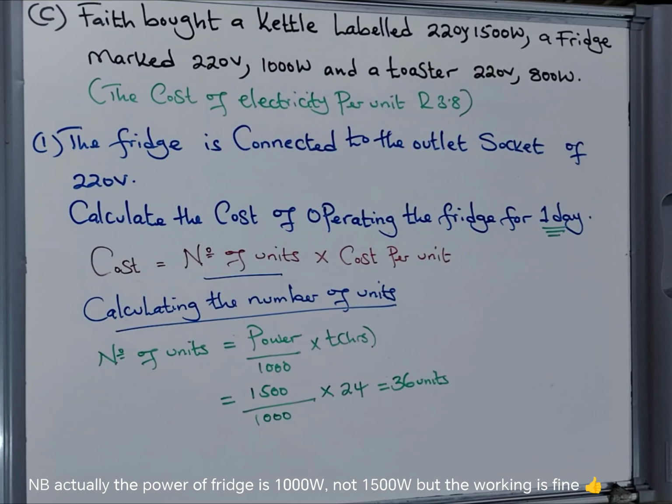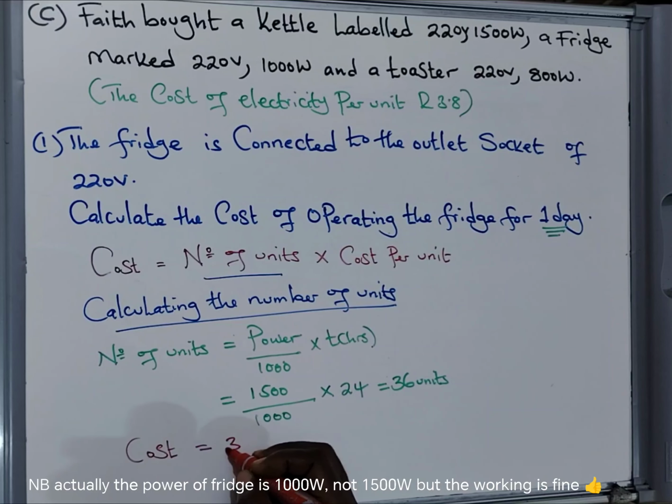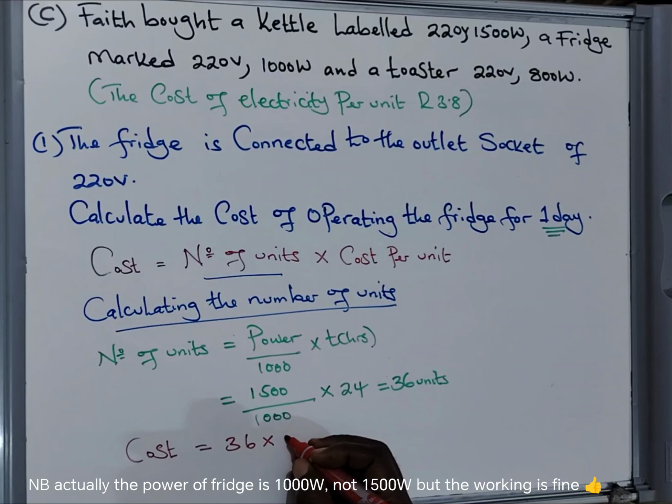So after getting the units, now we can go and get the cost. So back to our equation 1, cost is equal to number of units, which is 36, times cost per unit, which is 3.8.